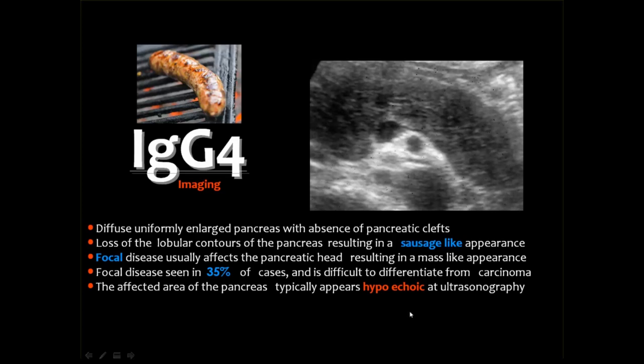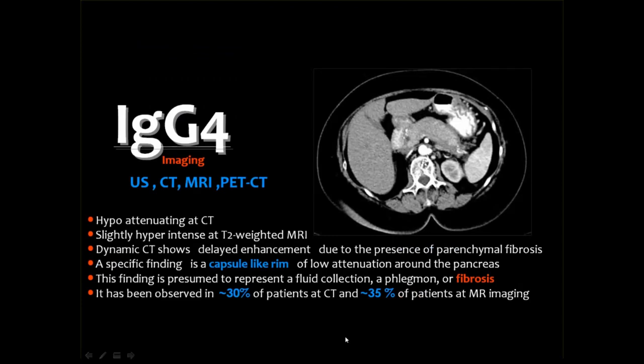And on ultrasound, the disease is diffusely hypoechoic. In most of the diseases related to this particular group, they appear hypoechoic on ultrasound. And if the disease is focal in the pancreas, which is seen in about 35% of the cases, it is difficult to be differentiated from carcinoma.